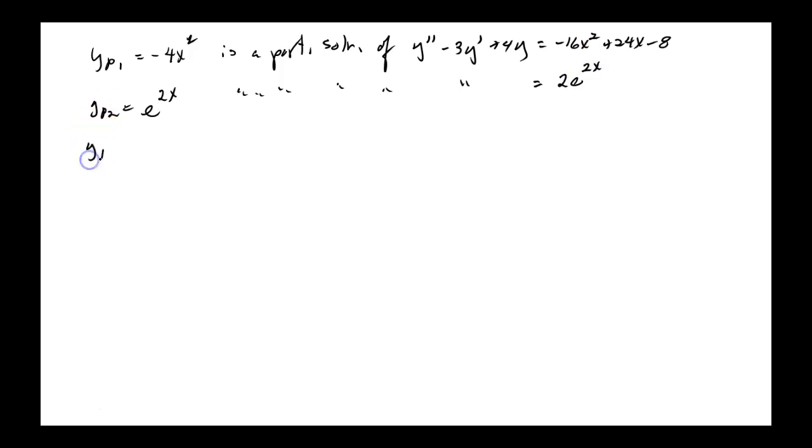And that y sub p sub 3 equal to x e to the x is a particular solution to this same non-homogeneous part, but this time on the right-hand side, you have 2x e to the x minus e to the x.